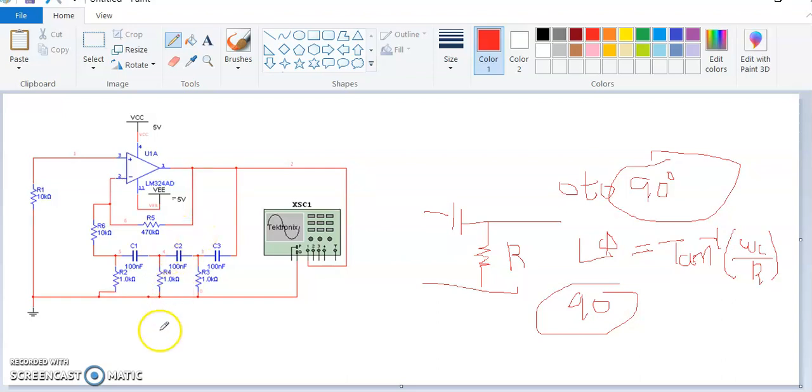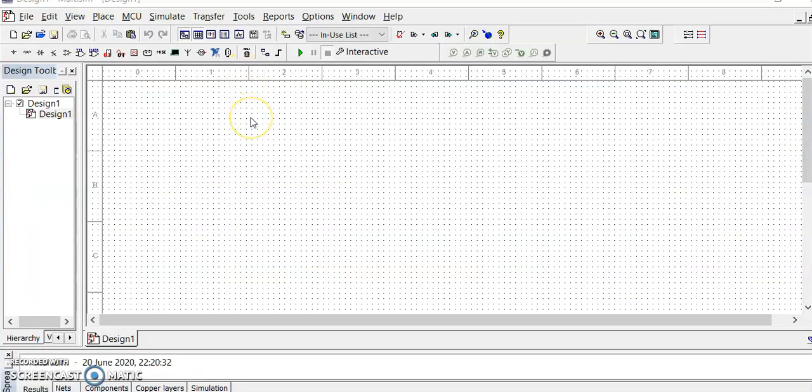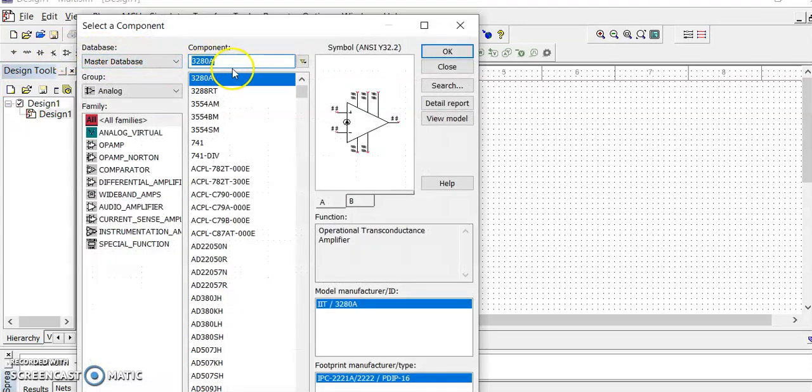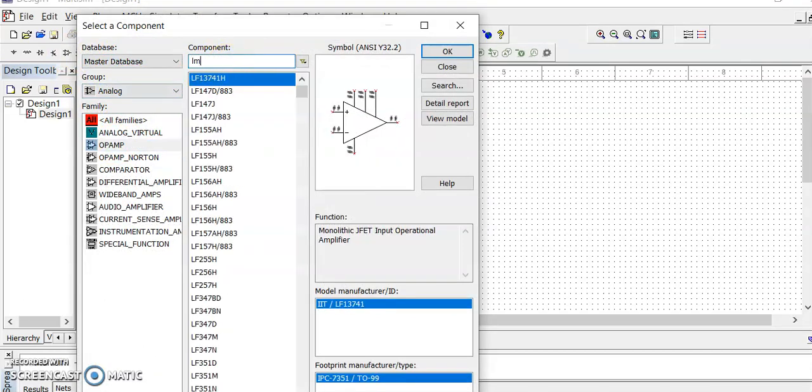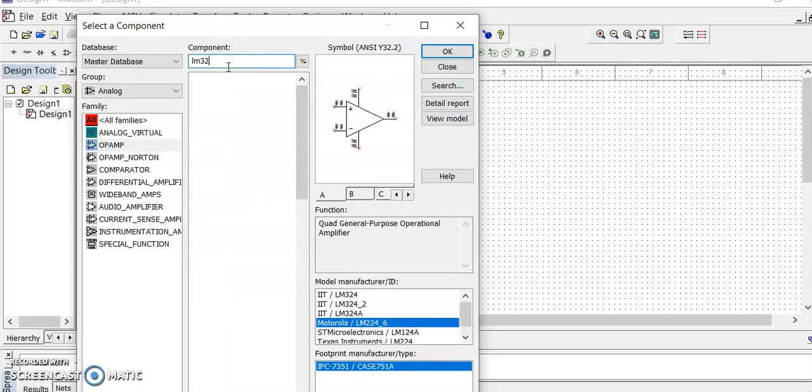So let me execute it in our NI Multisim software. We all know how to open the Multisim software. Here we have components. This is our LM324 AD IC. Select op amp and type the number LM324 AD.